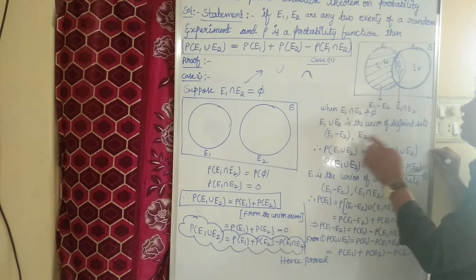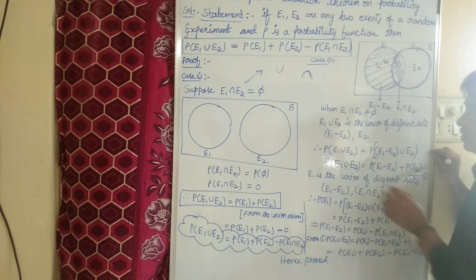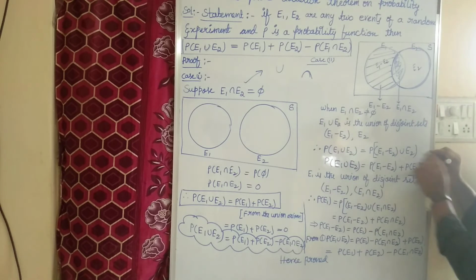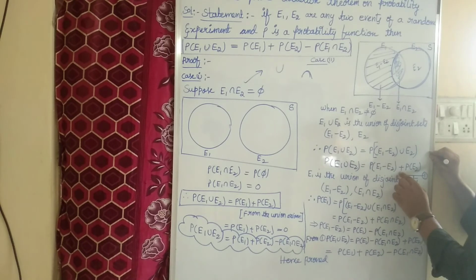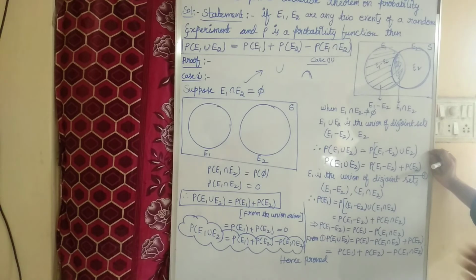So E1 union E2 is the union of E1 minus E2 and E2. So that's what we wrote, P of E1 union E2 equal to P of E1 minus E2 plus P of E2. Till here clear? Children, is it clear?